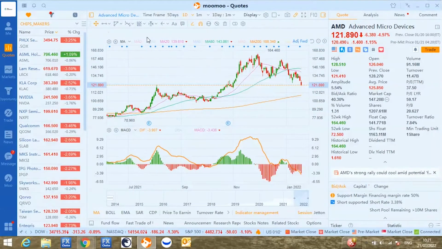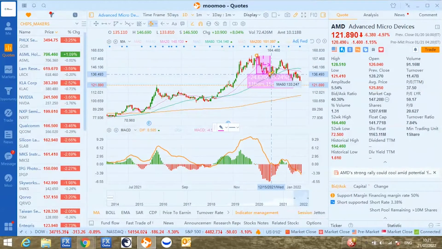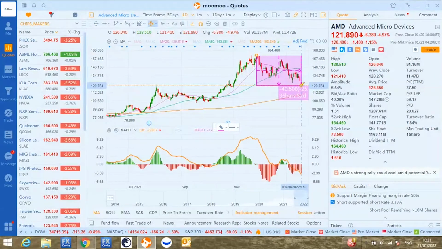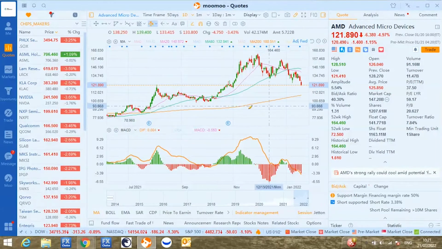Let's check the percentage it has dropped from the high. I would say from here down here, it has gone about 25% from the high. But from what I can see, I wouldn't suggest even a buy at the moment, except you are planning to do dollar cost averaging and all that.